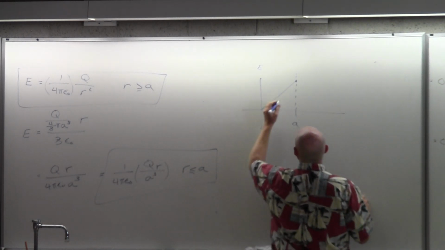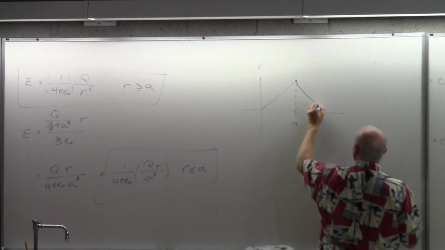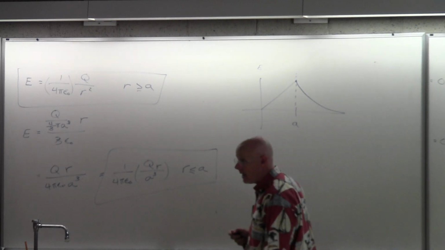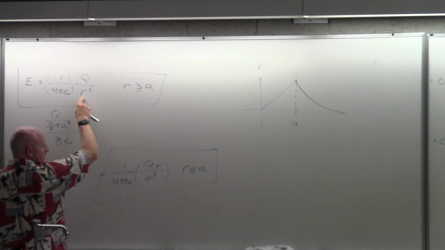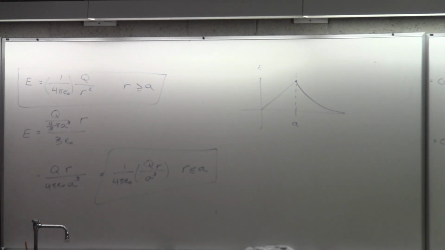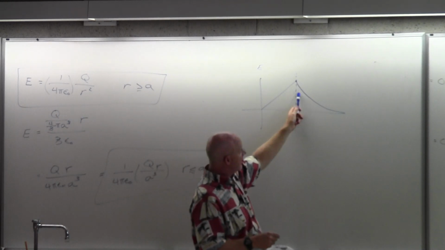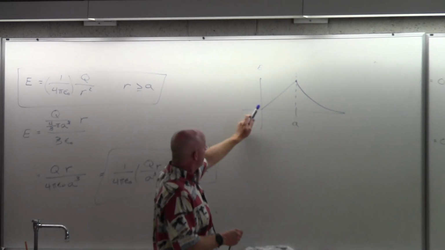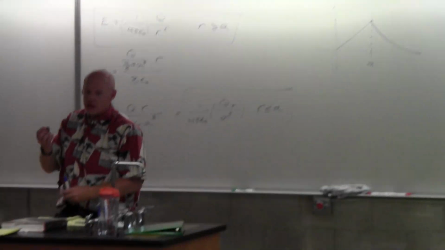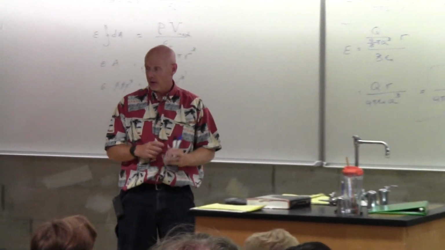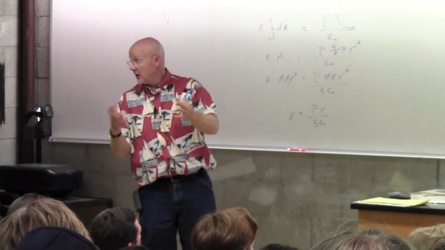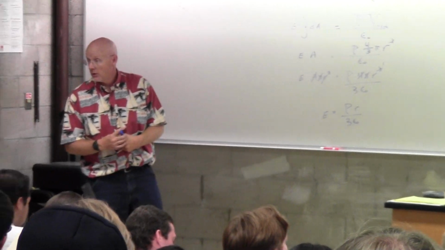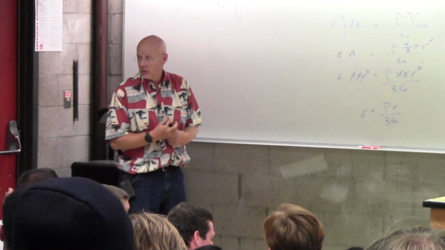But once I got outside the ball, the electric field would taper down and get weaker because of the 1 over R squared value, as we saw for point charges. So as we talked about, this is the same for a point charge. So we expect it to get weaker as we get further, and we expect it to get bigger inside. So the strongest electric field would actually be on the surface of this ball if we could get inside and move around. In the answer, isn't that 1 over 4 pi epsilon?